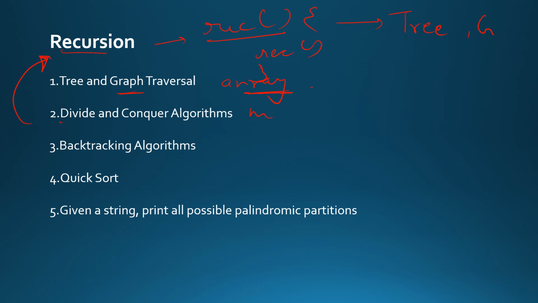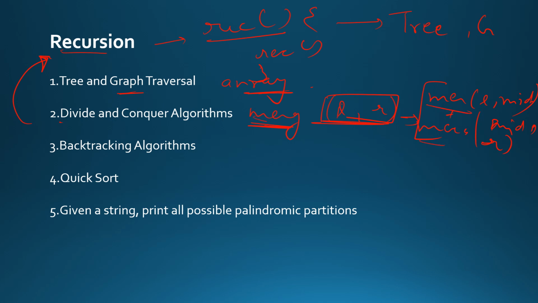In merge sort we have some interval L and R, and we call merge sort on L comma mid, and another merge sort on mid plus 1 and R.